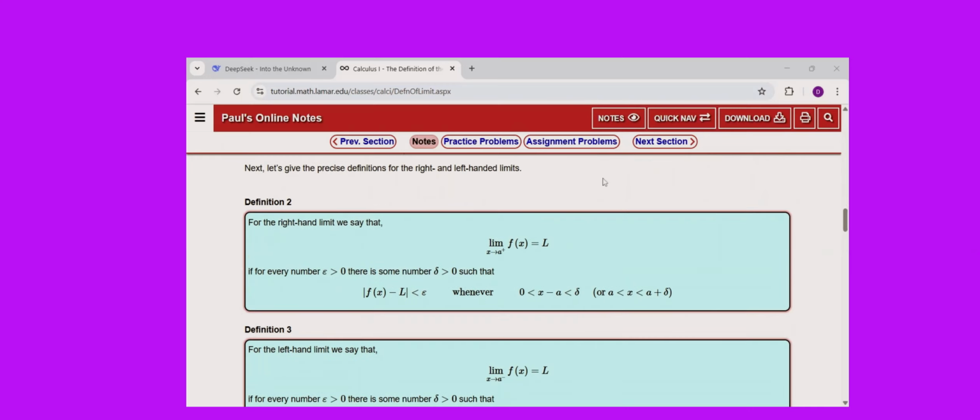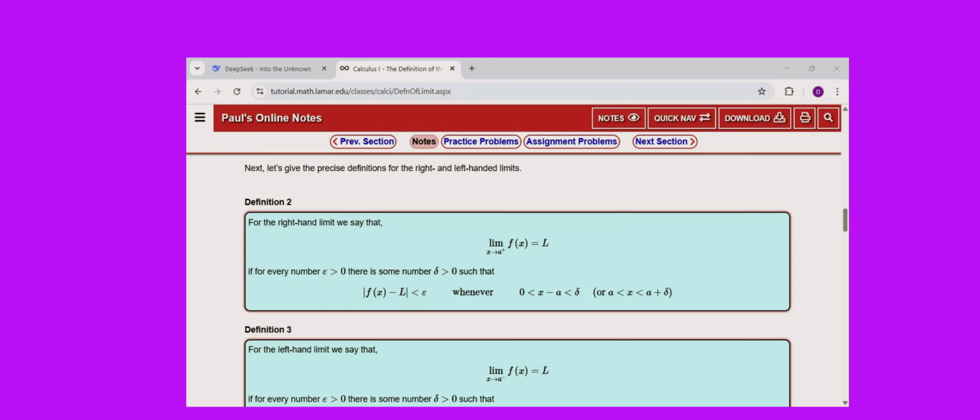Definition number 2, right hand limit and left hand limit. For the right hand limit we say that the limit as x tends to a plus of f(x) is equal to L. That is the right hand limit.